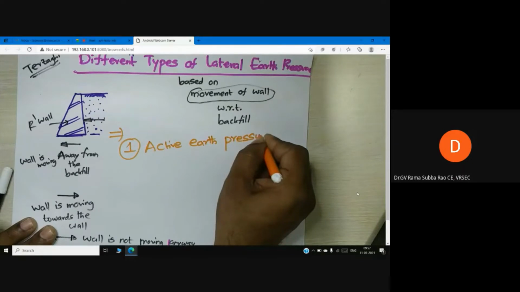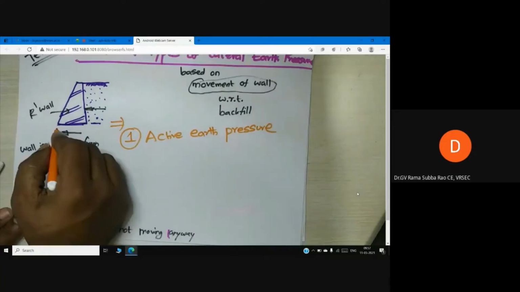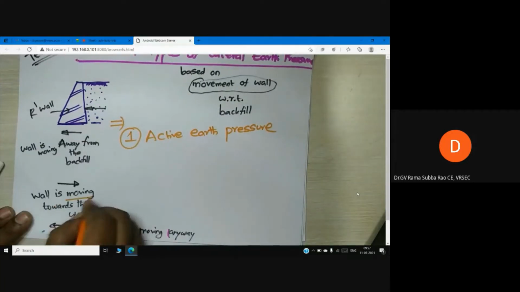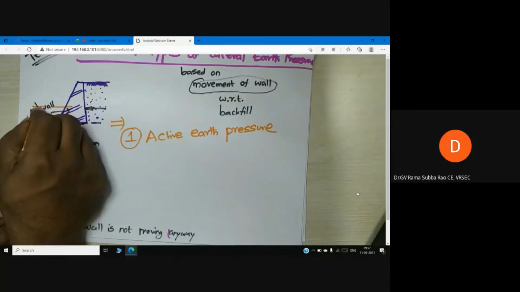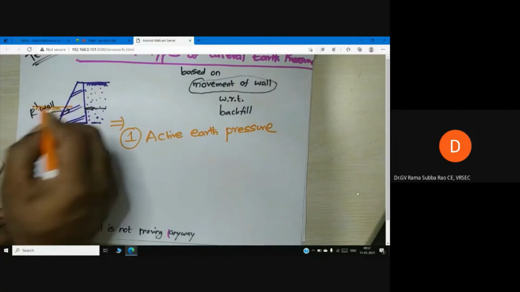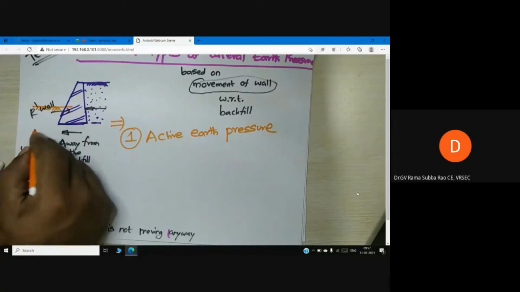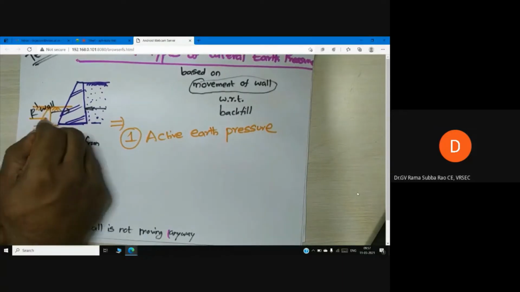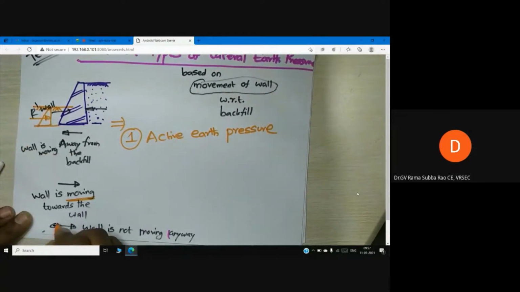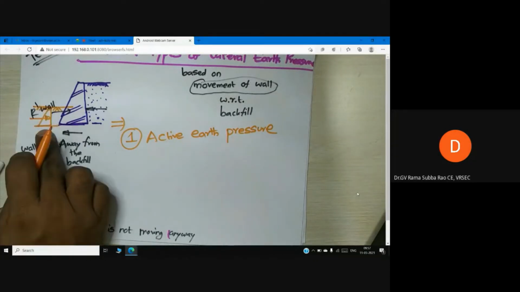Now, the other way, he did a wonderful study. When the wall is moving towards the soil, sometimes if you do backfilling here also, you may call it front filling. What will happen now if you fill the soil here at the front of the wall?